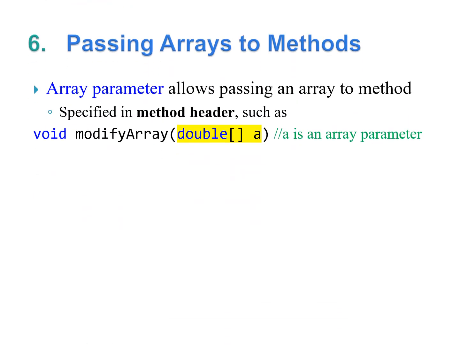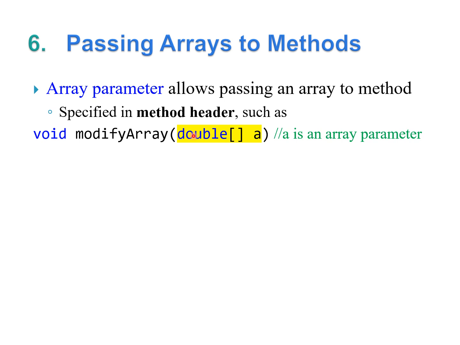Now we move on to section 6, which is about passing arrays to methods. For a method to receive an array reference through a method call, the method header must specify an array parameter in the method parameter list.